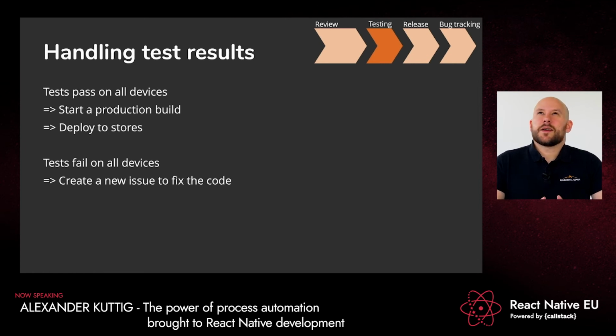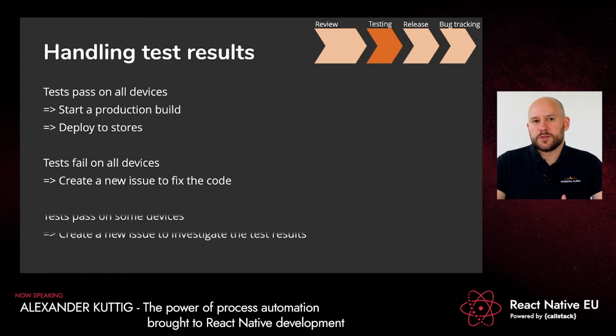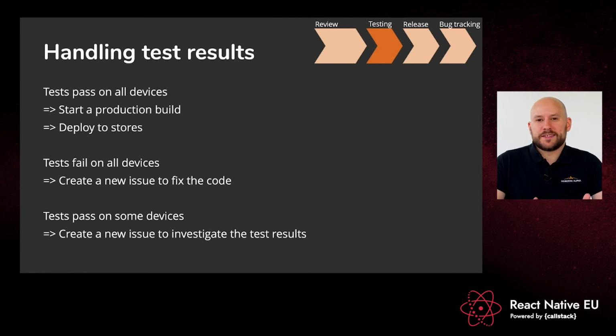The interesting thing is when the tests pass on some devices and don't on others. This can have a lot of reasons. As you've seen in the screen recording, we simply didn't wait long enough for the button to appear. So I would say we have written a bad test, so we have to adapt our test.